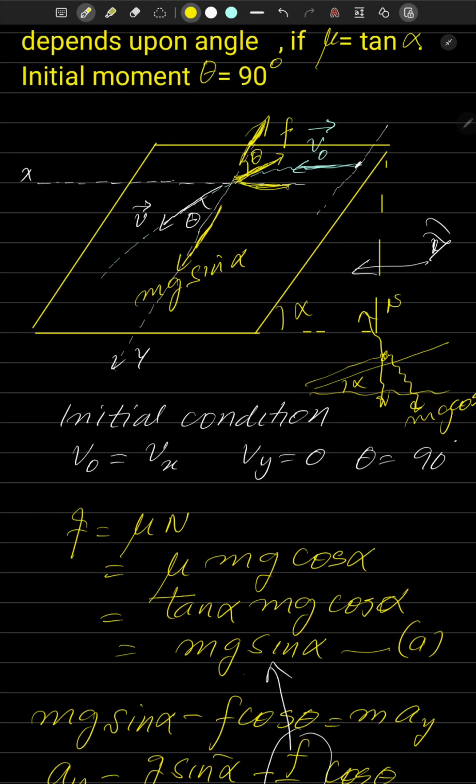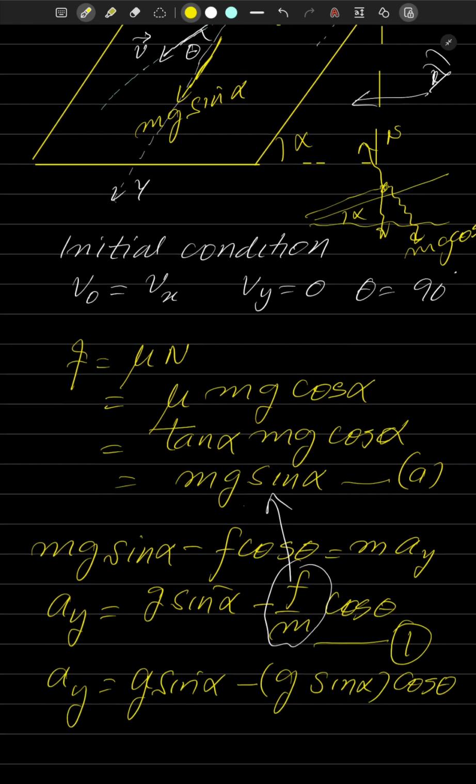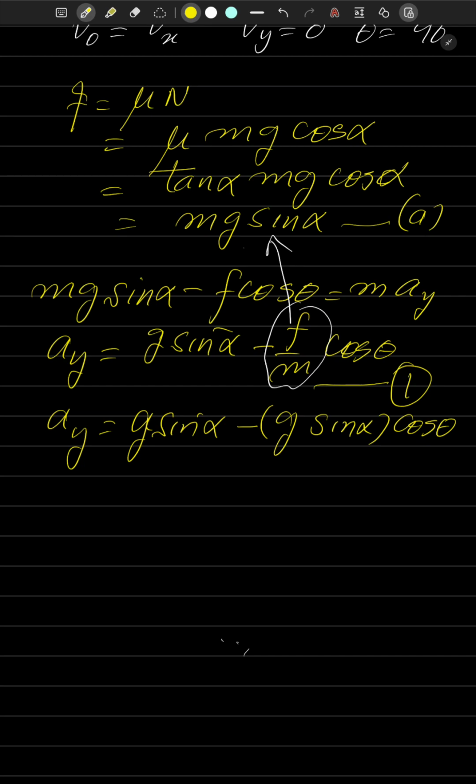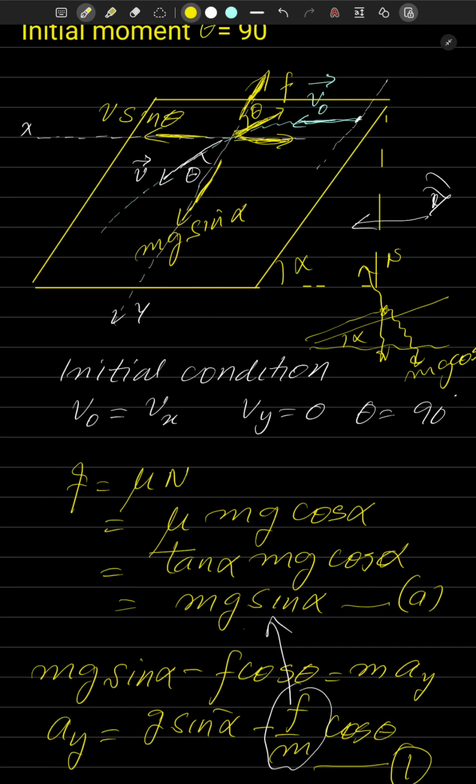Now let us discuss the acceleration along x. One component of your friction will definitely oppose your velocity v sin theta. It will retard. So let us discuss what the frictional component F sin theta will do.